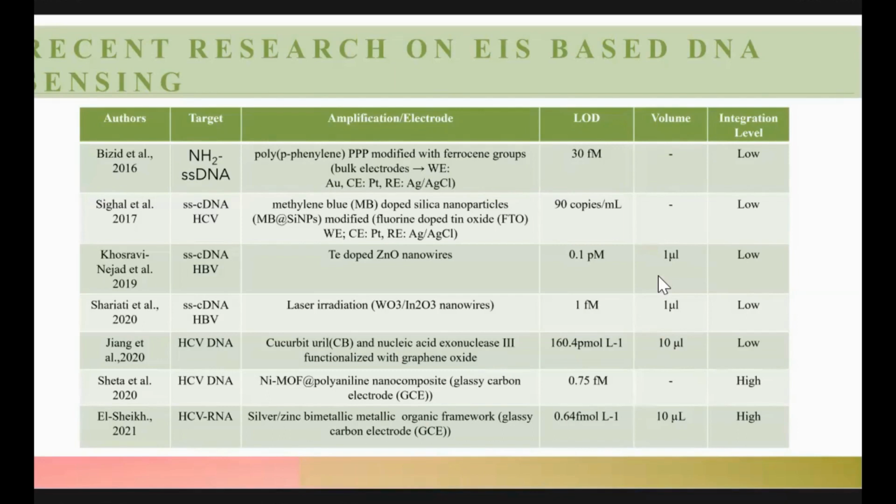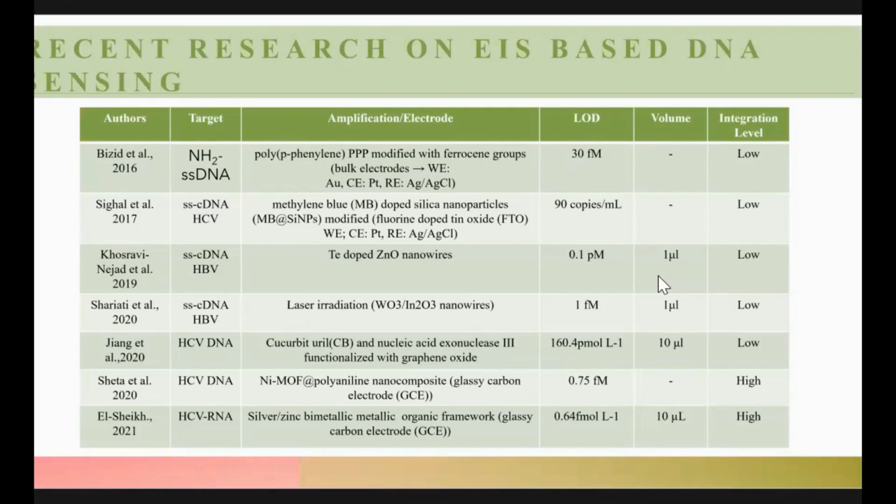So that is a complex thing, and often it becomes difficult to arrange for that complementary biomarker that can help us in detecting. The second issue is they have used around 10 microliters of analyte volume sometimes. That is not very low in the context of micro nano engineering. And the third issue is that the integration level of these sensing schemes is quite low in most of the researchers. And sometimes they don't even mention what the integration level is.